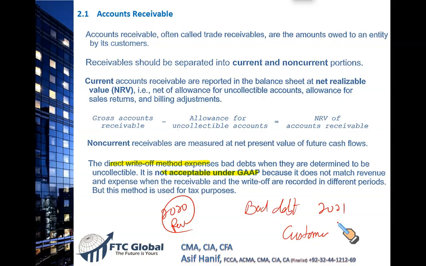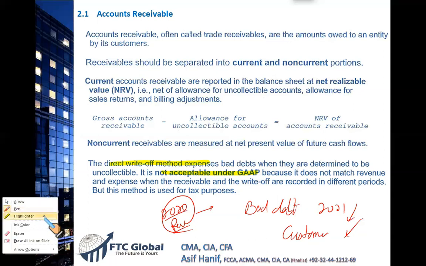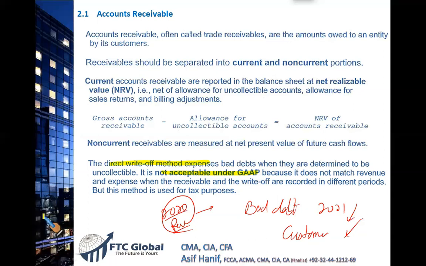It violates the matching principle. Matching principle means, yes, absolutely, 2020 revenue must be matched with 2020 expenses. So this bad debt actually occurring in 2021 relates to the sale that was made in 2020. So we shouldn't be charging this bad debt in 2021 because it violates the matching principle. Then what to do?